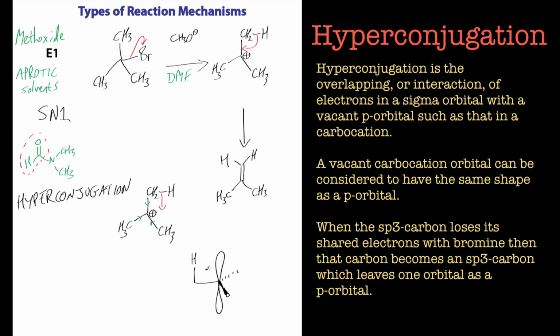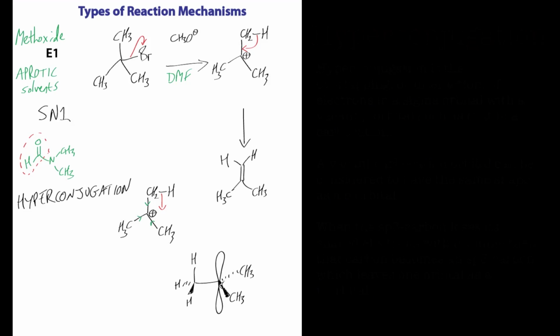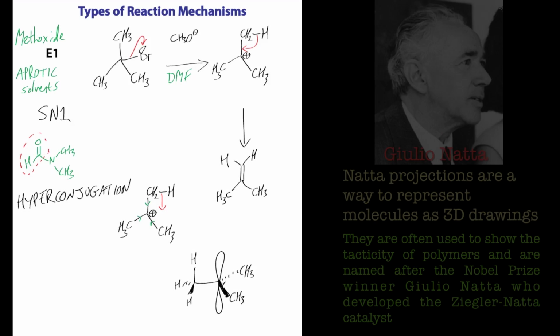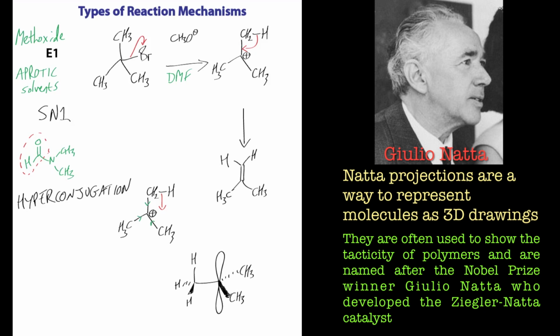And you don't need to worry too much about them, but this is basically the shape. But let me draw the other CH3s on there. And what we've got on here, we've got hydrogens on here. So that's going to be H. And this is like a Natta drawing. If you've ever seen them before, this three-dimensional representation is sometimes referred to as a Natta projection.